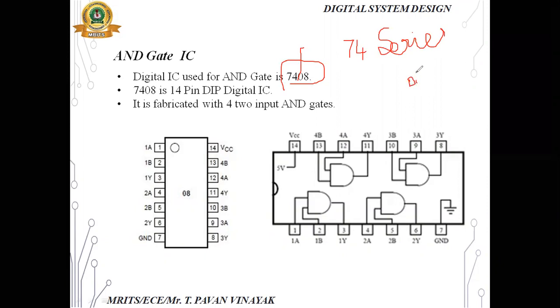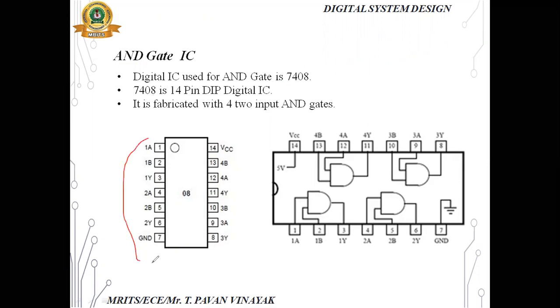Remember this one: 7408 means 08 represents the AND gate. It is a 14 pin IC. It consists of 14 pins.